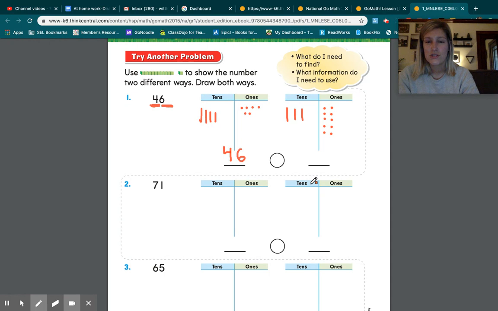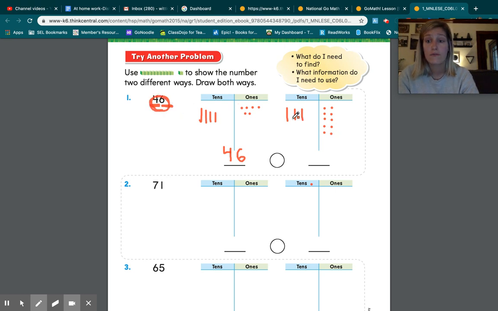And now I want us to check where we're at so we can figure out what we're missing. 10, 20, 30, 31, 32, 33, 34, 35, 36, 37, 38, 39, 40. So we've got 40. Where do we need to get? To 46.